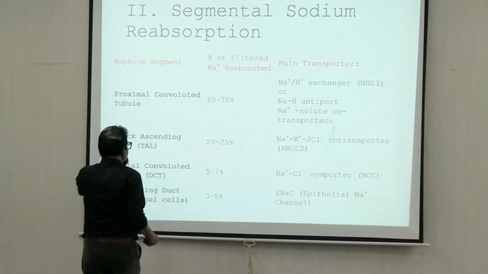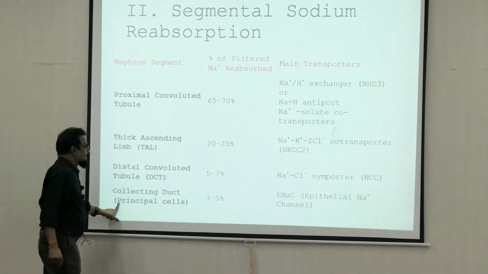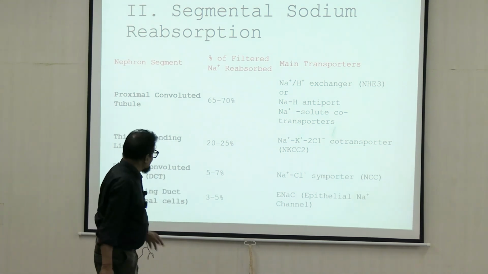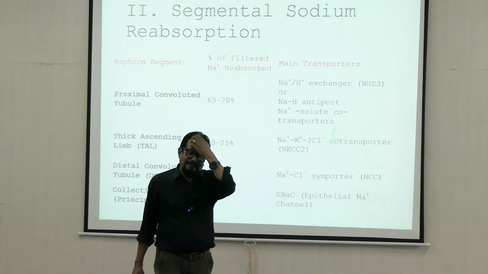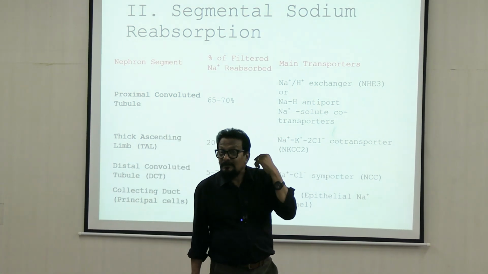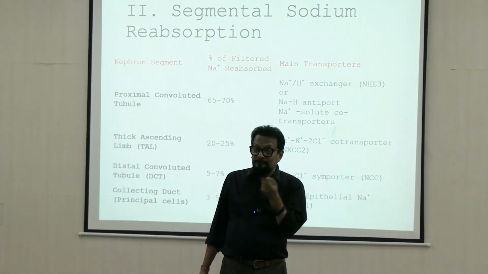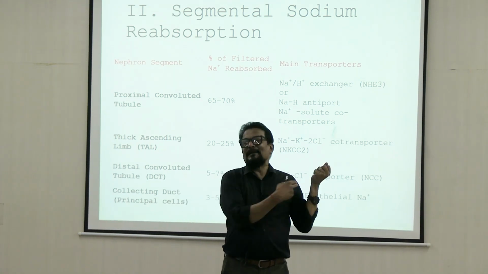So in the distal tubule 5 to 7% is reabsorbed, and in the collecting duct 3 to 5%. This is secondary to water reabsorption. We know that in the collecting tubule, under the action of ADH, water is absorbed. So because of this solvent pull, some sodium will be absorbed.